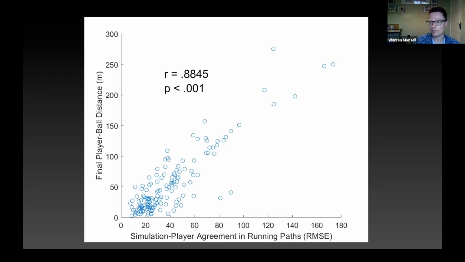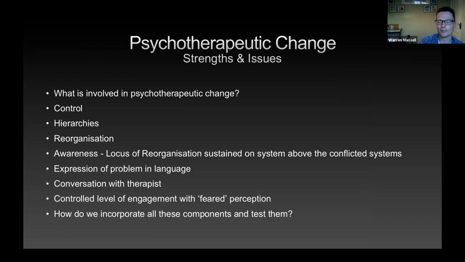The model fit is against the real person's data. So this indicates they are using those control variables to catch the ball, and the closer they control the variables that we know are involved in this task through Rick's work, the better their ability at catching it. And so Max is working on this to write this up.